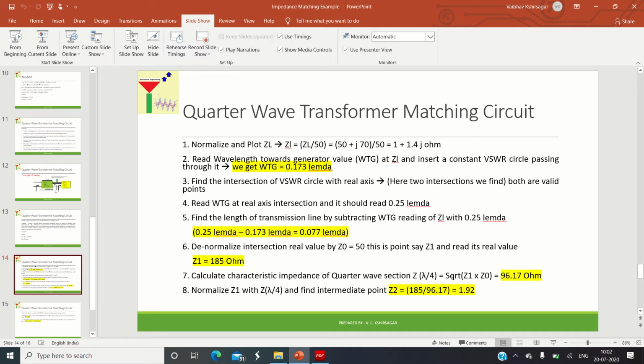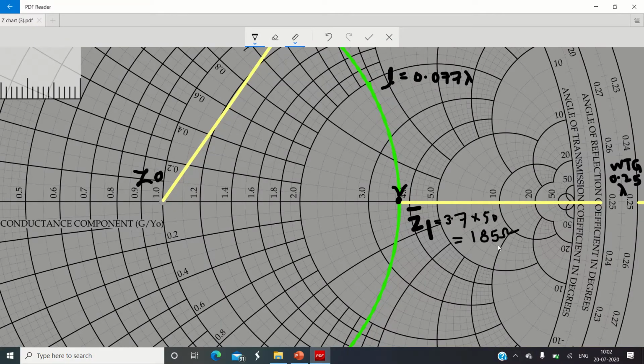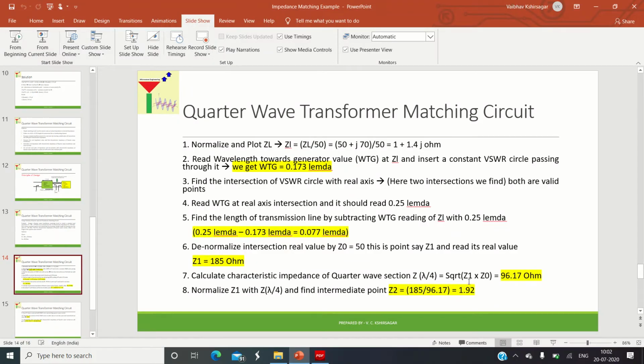You need to take the product of this Z1 value, 185 ohm, with Z0, that is 50 ohm, and take the square root. We will get the characteristic impedance of that quarter wave transformer nearly around 96.17 ohm, right?